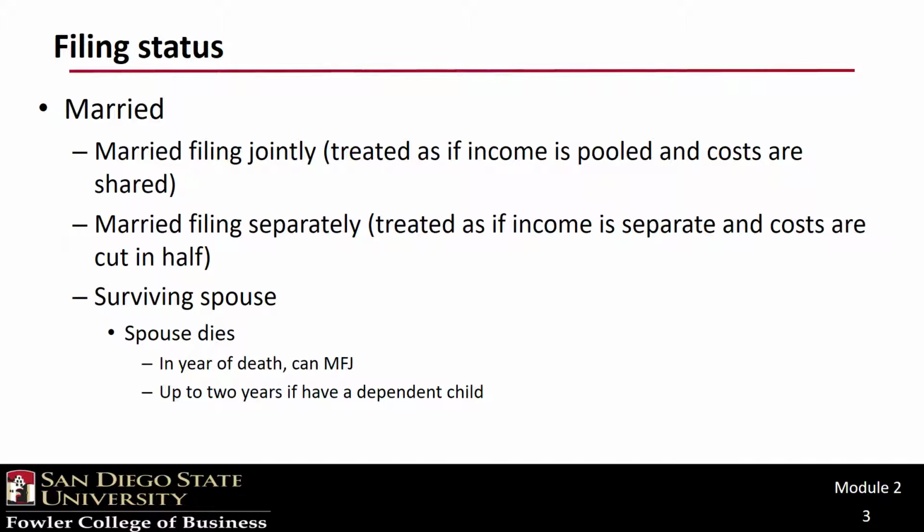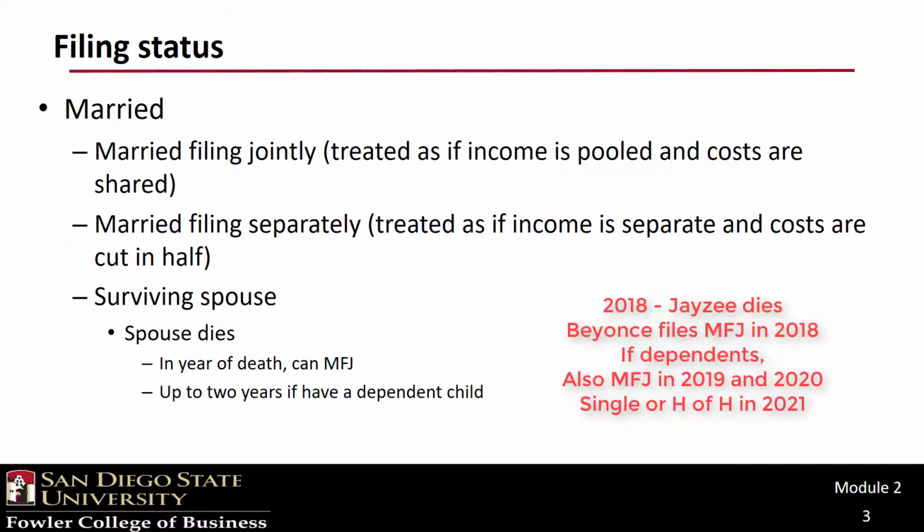For example, if Jay-Z dies in 2018, since Beyonce has dependent children, she can continue to file married filing jointly in 2018, but also in 2019 and 2020. Unless she remarries, she will use one of the single filing statuses in 2021.